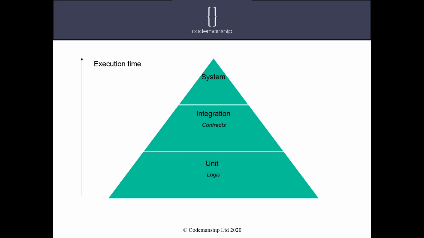Finally, what's left to test? We've tested the logic, we've tested the interactions between the components in the system that are happening over process boundaries. And what's left to test? Well, imagine we're testing a car that we're building. Our unit tests test all of the individual components, the spark plugs and the nuts and so on and so forth. And then the integration tests assemble those components together into subsystems and check that they work together.